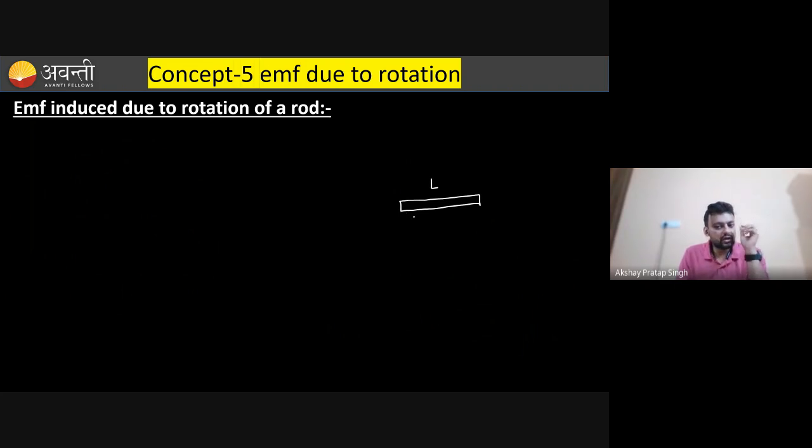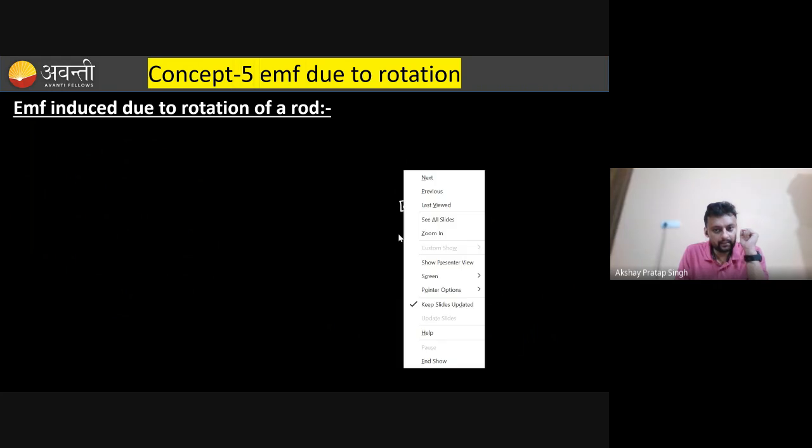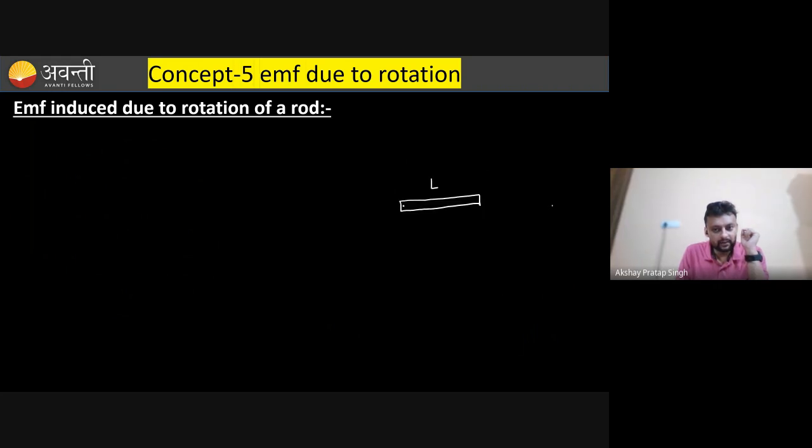And this rod is hinged at one of its ends. Are you getting my point? This is the rod and it is hinged at this point. Hinged means it can be moved freely in the plane of the paper.